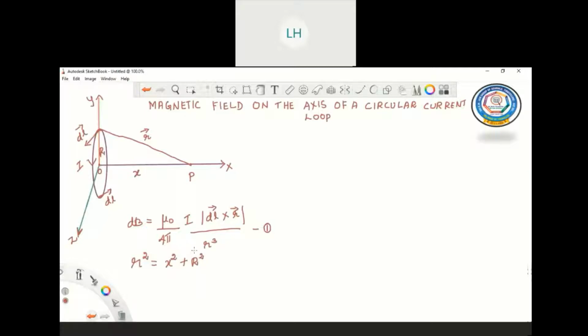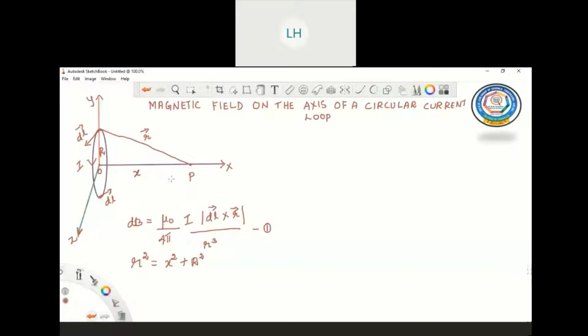One more thing is very important here, children. Any element of the loop will be perpendicular to the displacement vector from the element to the axial point.